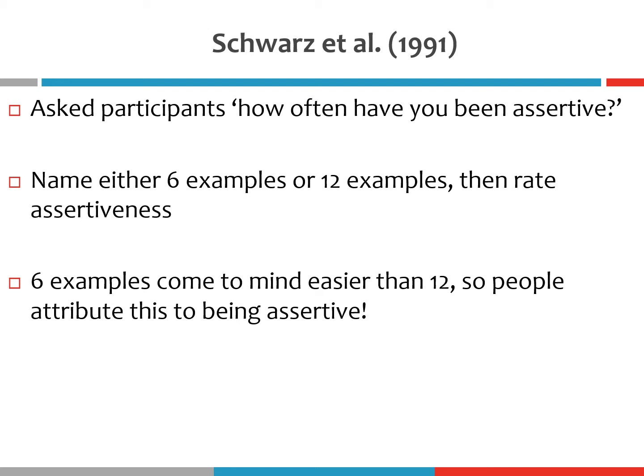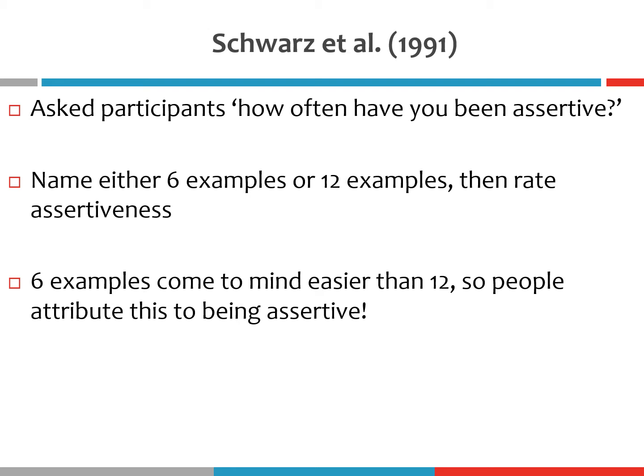So what's going on here is, again, the availability heuristic. Because it is easier to come up with just 6 examples than 12 examples. People have to really work hard to come up with 12 examples. That's a lot of examples.